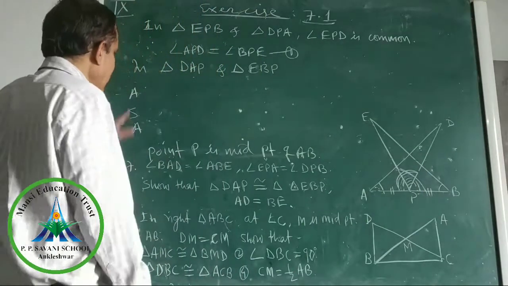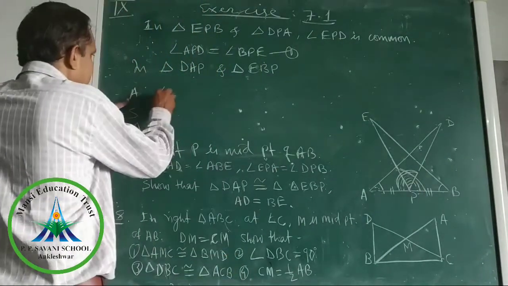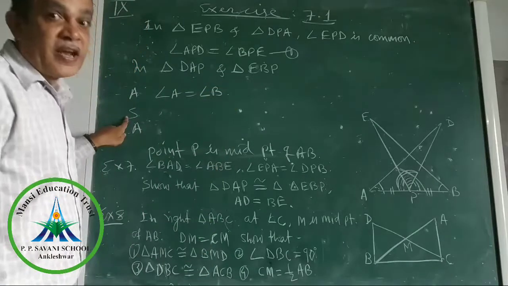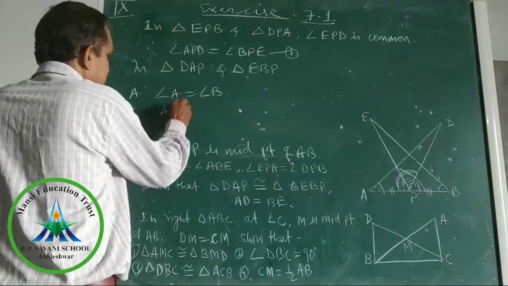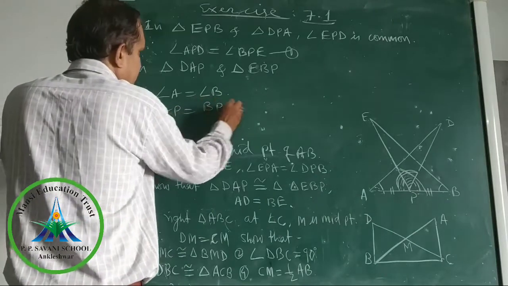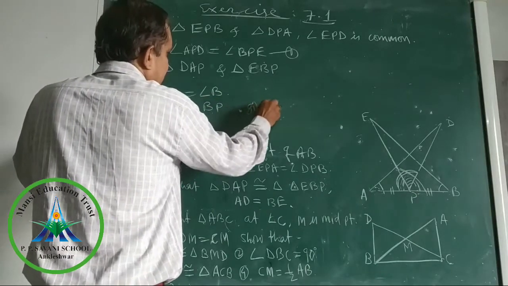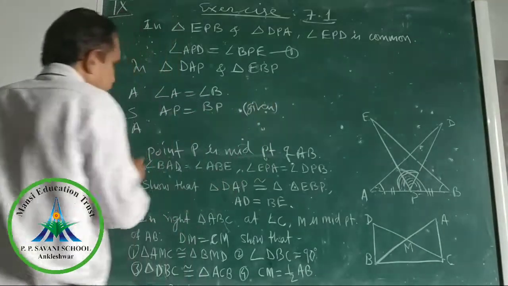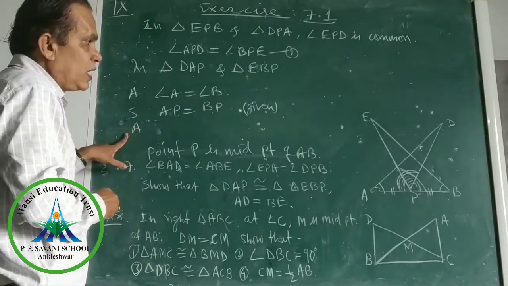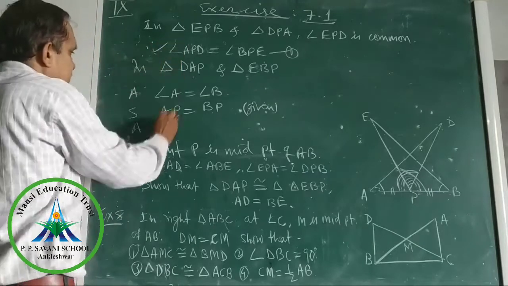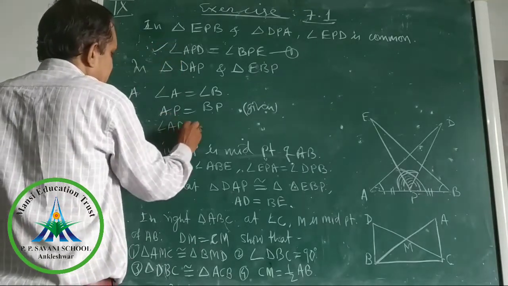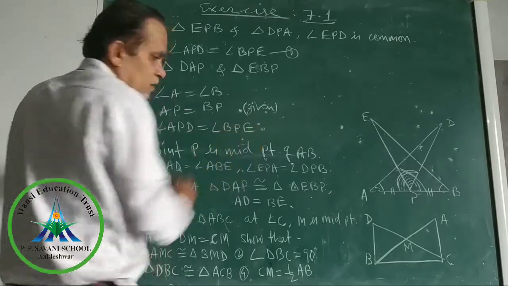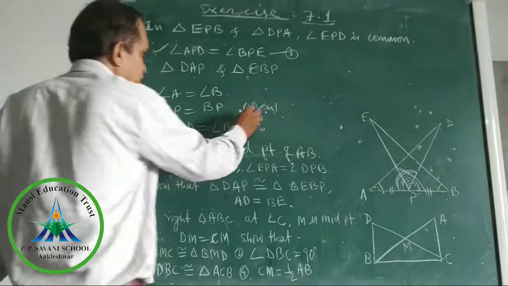Now see, which angle are we taking? Angle A equals angle B. Side AP equals BP, given, because P is the midpoint. And which other angle? Angle APD equals angle BPE.